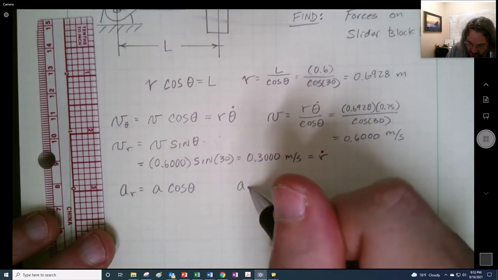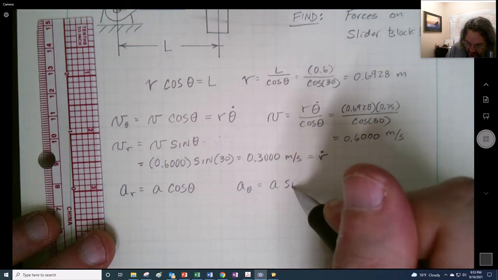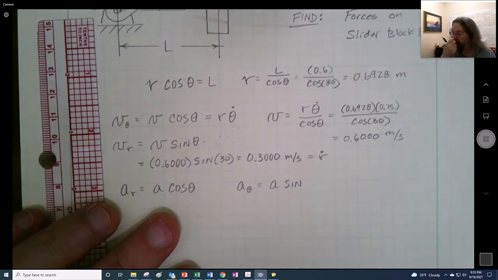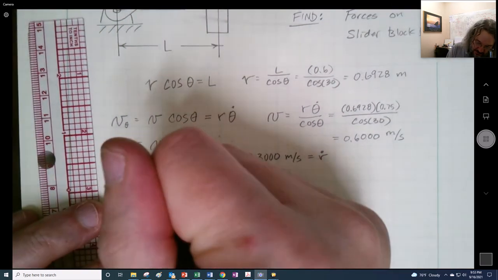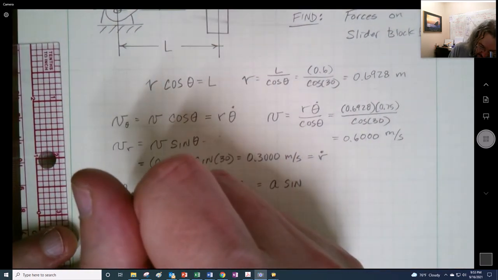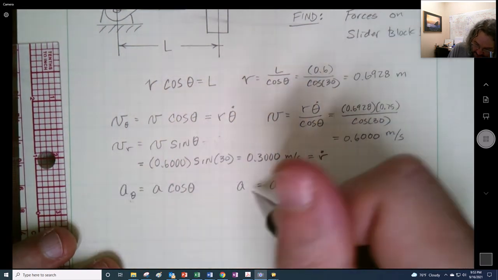We also know that the theta component is going to be this right here. And I said the theta component. Did I say that wrong? Let me think about this for a second. I think I just said this backwards. This is going to be the theta component, and this is the r component.